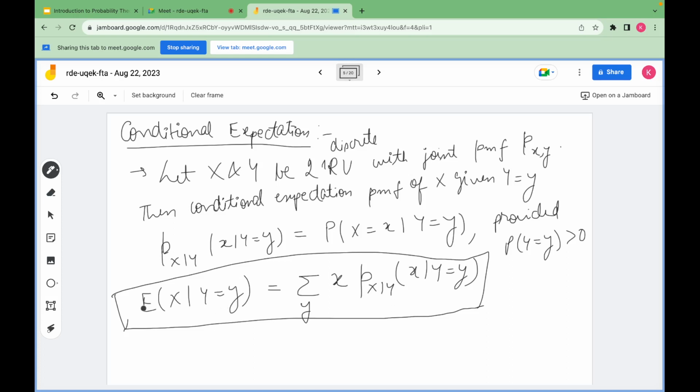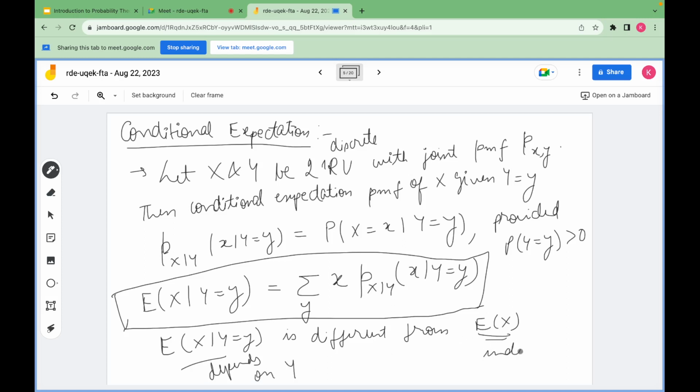That's why this conditional expectation, E[X given Y], is different from the expectation of X, because this depends on y and this is independent of y.